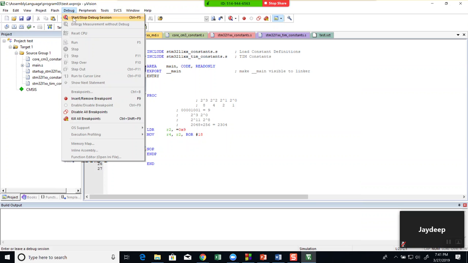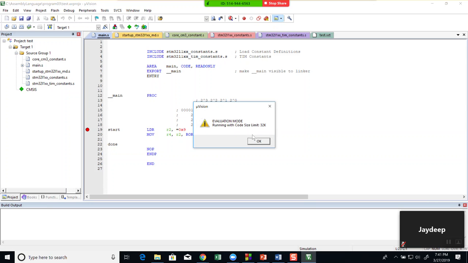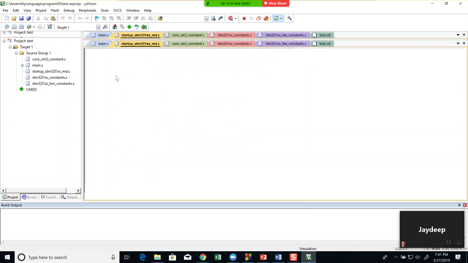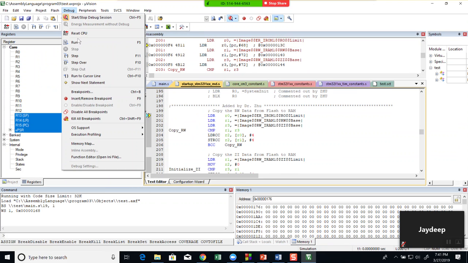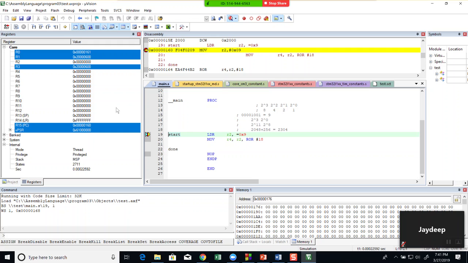Okay, so if I were to run this, see over here these 0 X's? That's what I was talking about. That represents hex.